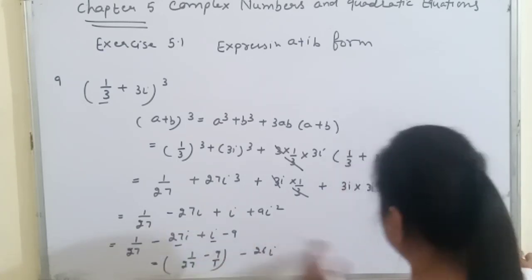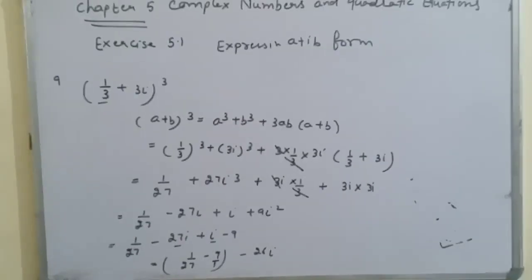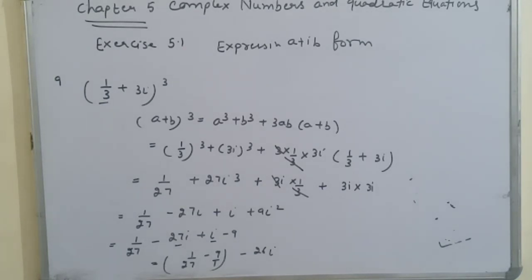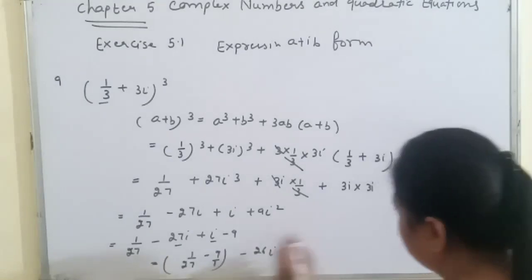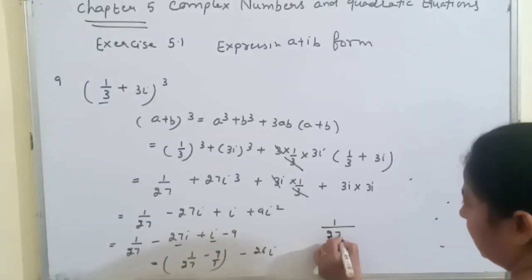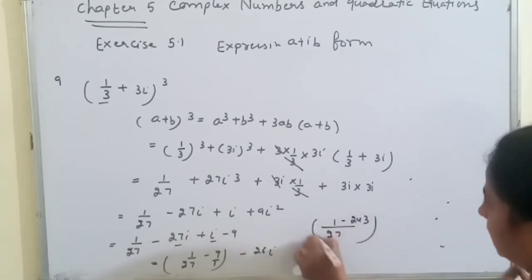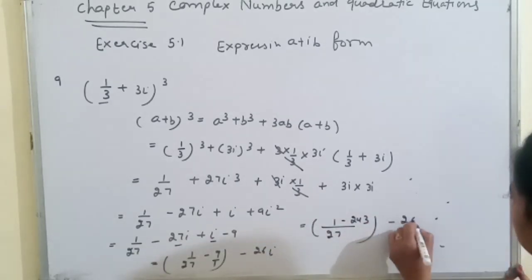Now take the LCM. 1 by 27 minus 9. Now solve it. 27 is the LCM: 1 minus 27 into 9, 243, minus 26 iota.